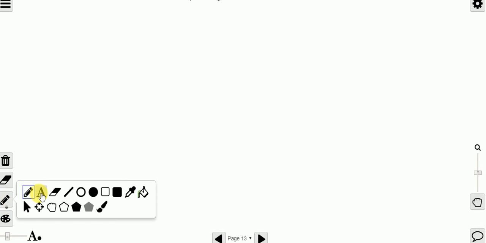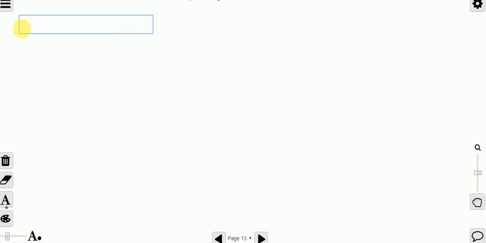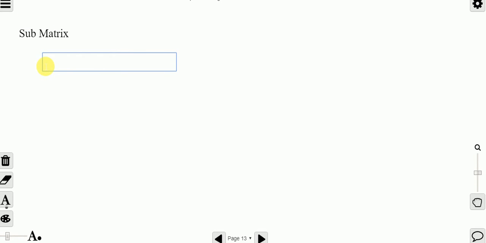Okay, one last matrix is the submatrix. What is a submatrix?